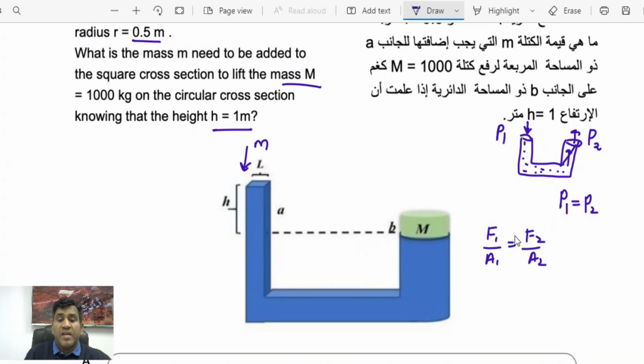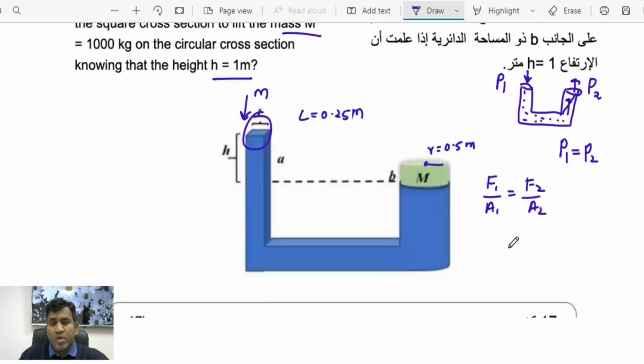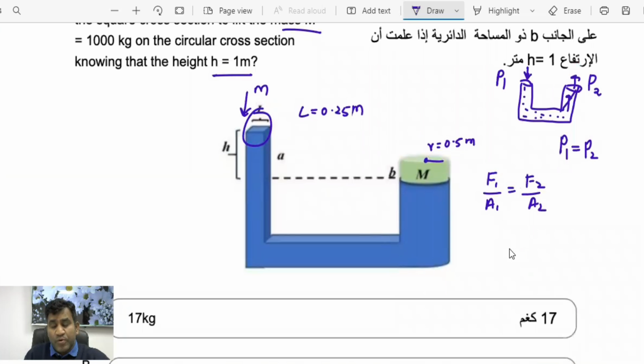Now what is A1? A1 is the cross-section area of this part, and they have said this is a square cross section with a length of 0.25 meter, and this is a circular cross section with a radius of 0.5 meter. Substitute, and we can further modify: force F1 can be written as M times G divided by A1.